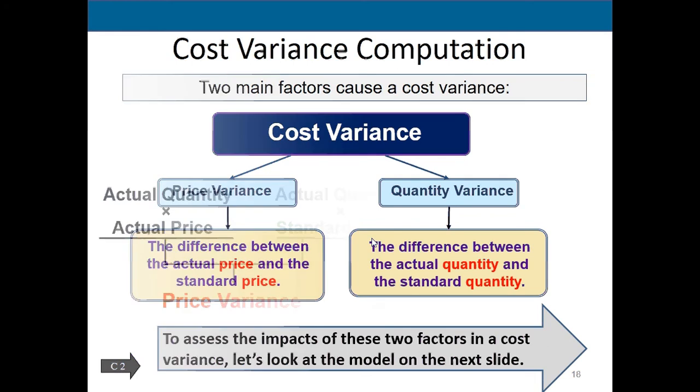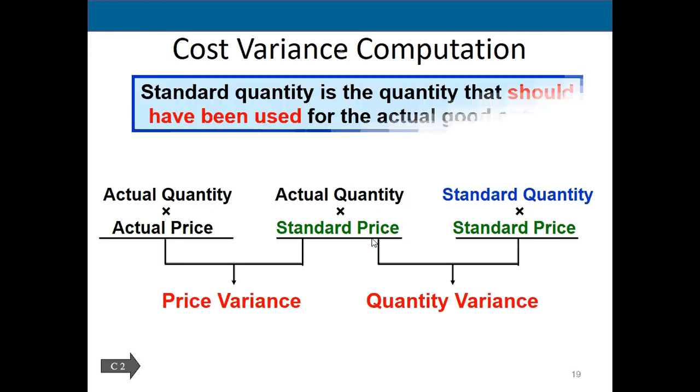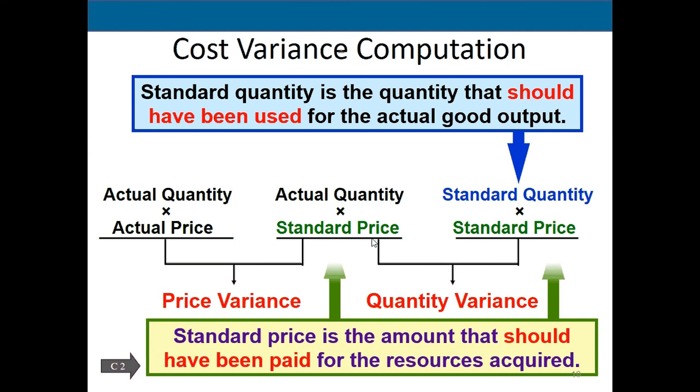All right, so let's take a look at this model. We need to figure out, is it a price variance problem or is it a quantity variance problem? And how do we figure which one it is? If it's a price variance problem, all we have to look at is, was the actual price different from the standard price?